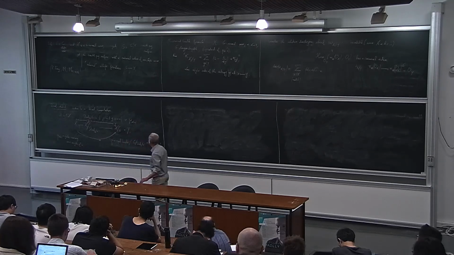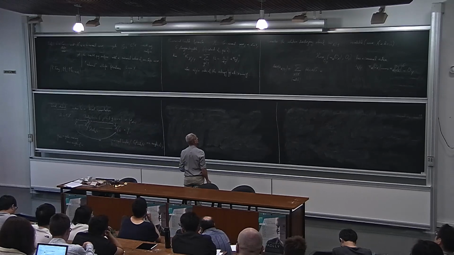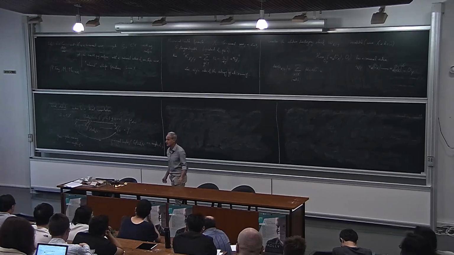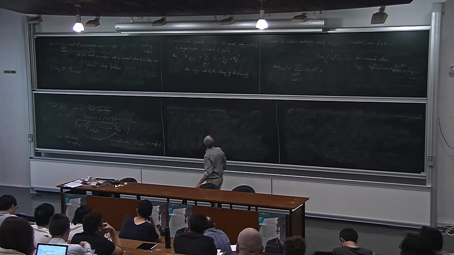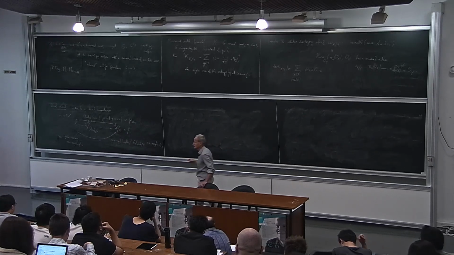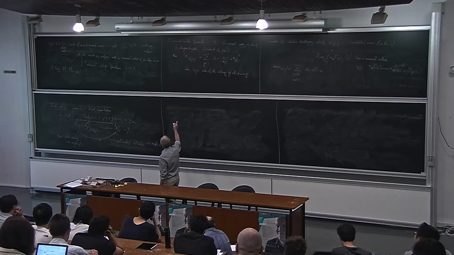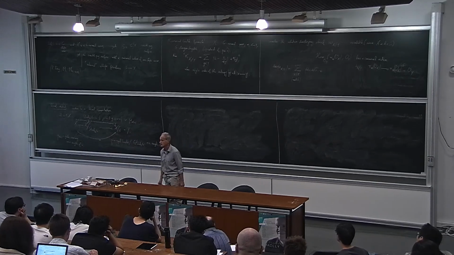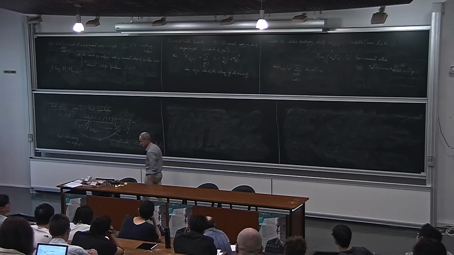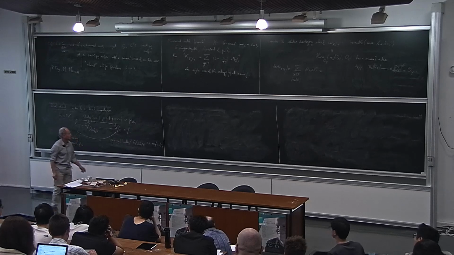So the final thing I should say is this is not a complete story for many reasons. First of all, this only works for diagonalizable group schemes. One can push it further to linearly reductive group schemes, which are a nice class, but in general you have to deal with more complicated ramification. And this is a kind of major problem.